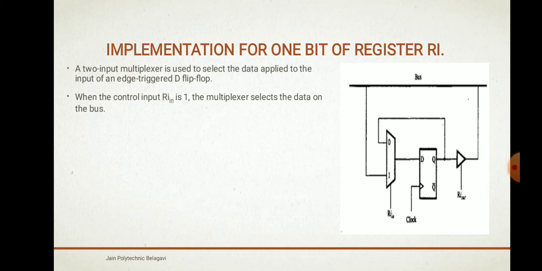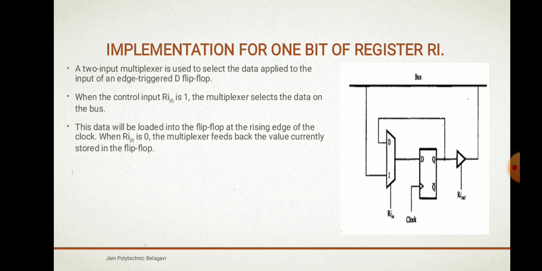When the control input Ri in is 1, the multiplexer selects the data on the bus. The data will be loaded into the flip-flop at the rising edge of the clock. When Ri in is 0, the multiplexer feeds back the value currently stored in the flip-flop.